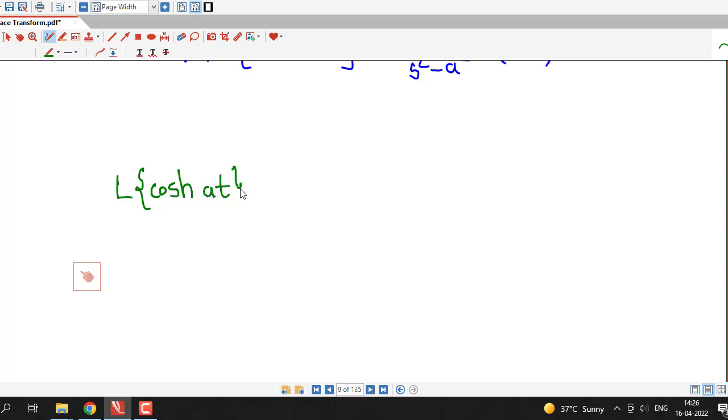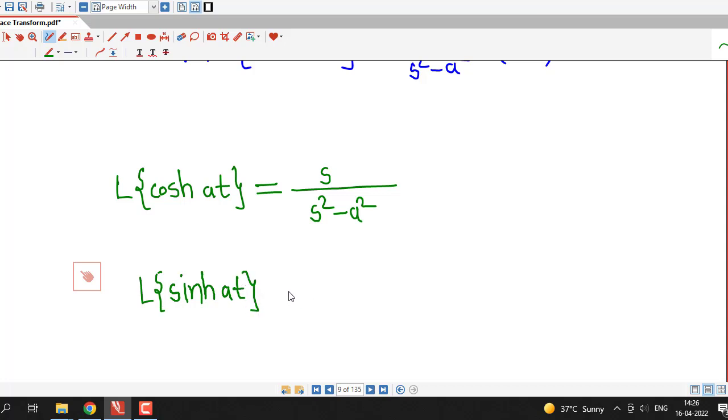The Laplace transform of cos hyperbolic at is s divided by s square minus a square, and the Laplace transform of sine hyperbolic at is a divided by s square minus a square.